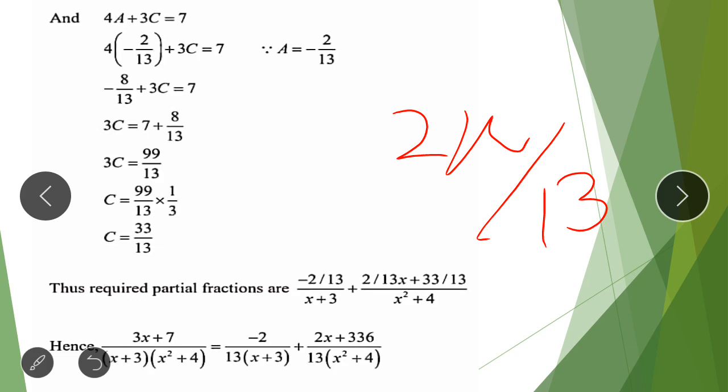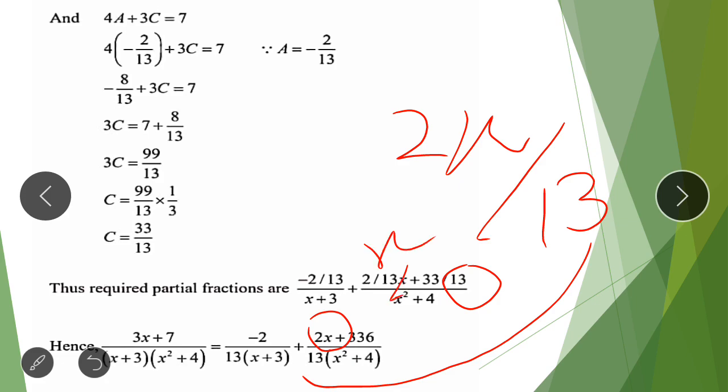So we can write 2x here, and 13 can be written in the denominator. Since 13 is being repeated, 13 will be written one time, and this is not 336, this is just 33.